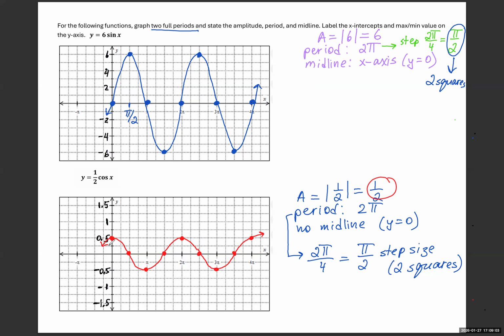But if you know the basic shape of cosine, then stretching or compressing it, changing the amplitude is fairly simple. All right, let's go ahead and talk about the labels.